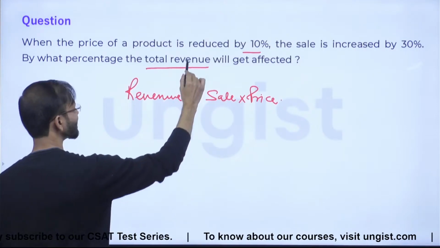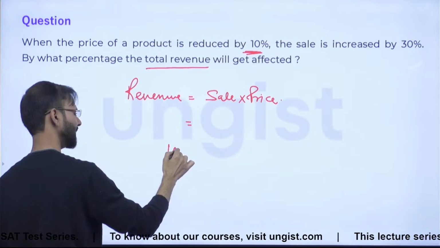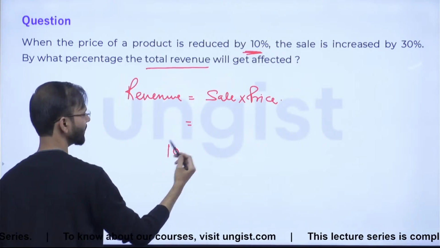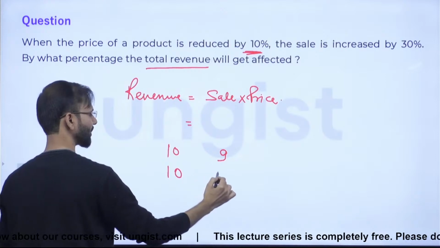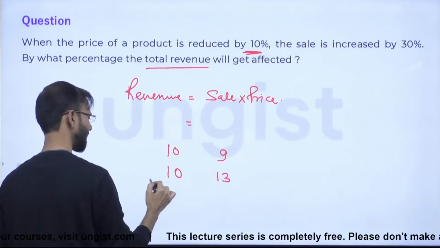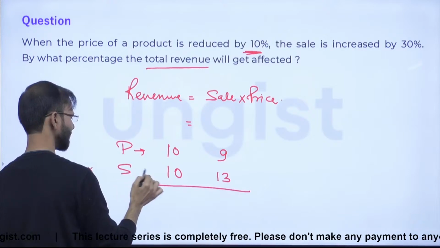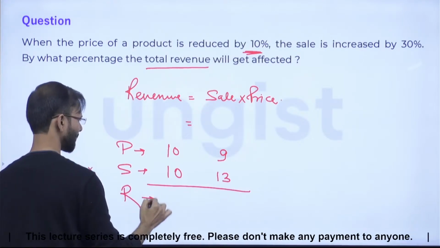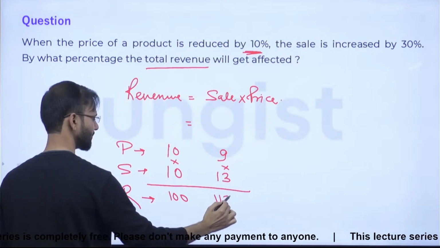They are saying price is reduced by 10%, right everyone? So price, let's say initially you have assumed as 10, now it becomes 9. And sale, if you assumed 10, it will become 13, right? So this is price, this is sale and this is revenue. So revenue is 100 and this will be 117.